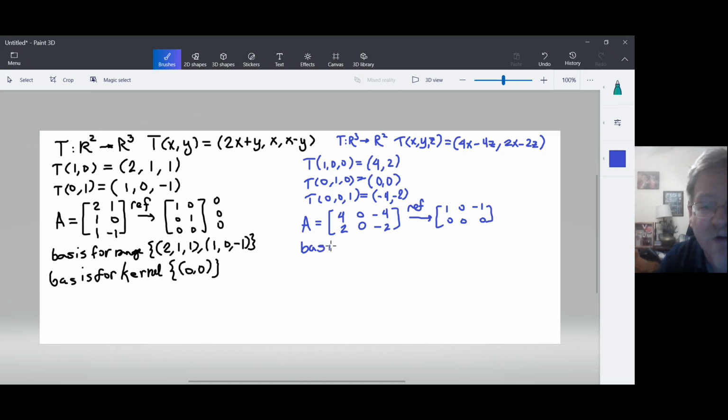I could factor a 2 out and call that 2, 1 even, but if we want to stick to what we've got here, this does work. So a basis for the range is just the vector 4, 2.